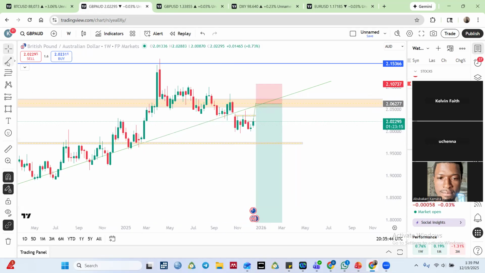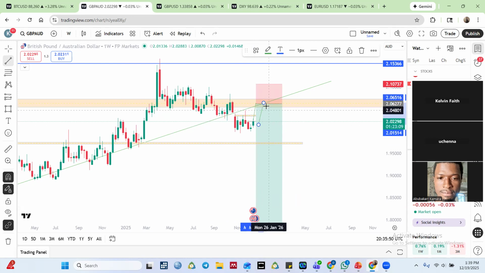If price is to push up to this zone and it stays below the zone, sellers will take control. So inside this area, we should be looking for more evening star and head and shoulder patterns.